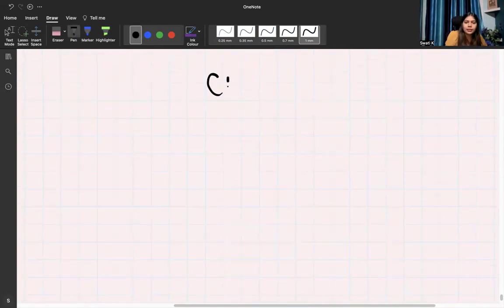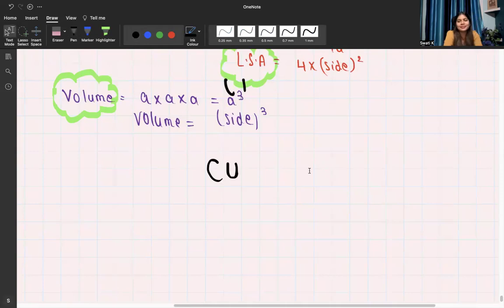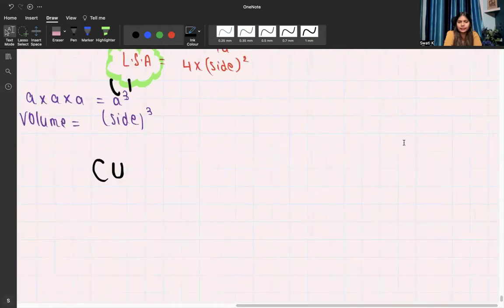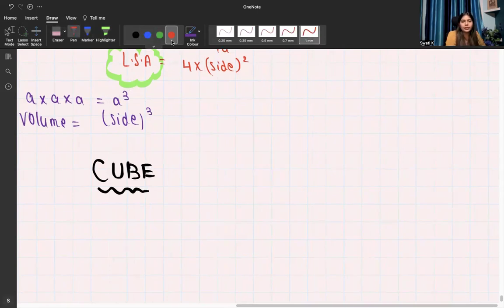Sometimes it happens. Anyway, that's okay. I think even if I write down the cube here only, I can continue. So the cube, yeah, perfect. Everything should look neat and clean.